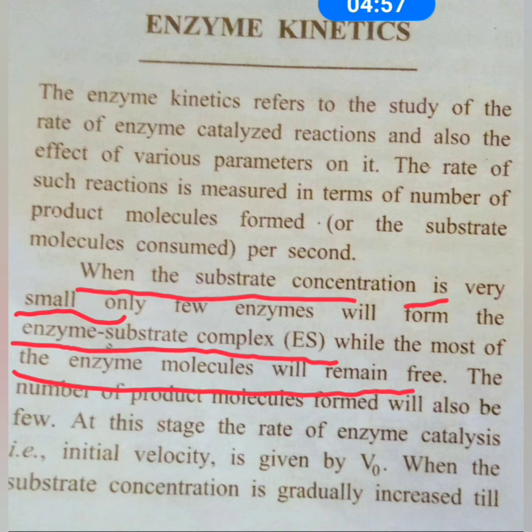And the number of product molecules formed will also be few, because only 10 enzymes have bound to the 10 substrates. They will catalyze the reaction and those substrates will form the product.